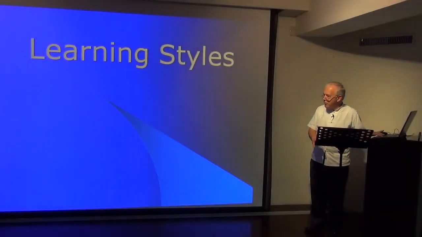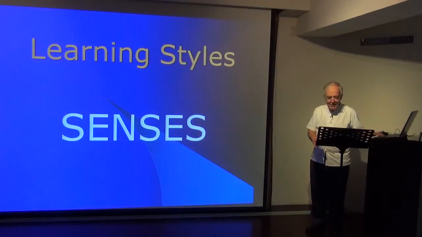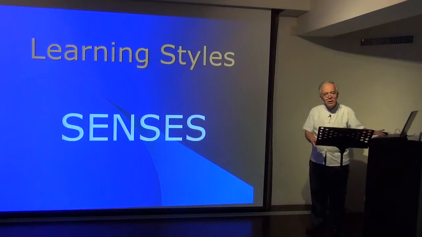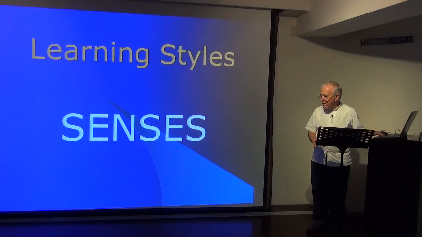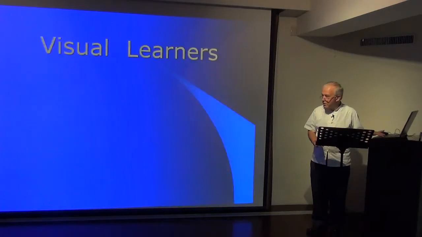Now let's move on to the senses. And you need that questionnaire that had 15 questions on it. Okay, got it out? And you sort of put a ring around those that you say, oh yes, this is me. So, let's first look at visual learners.